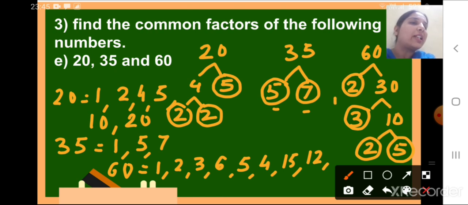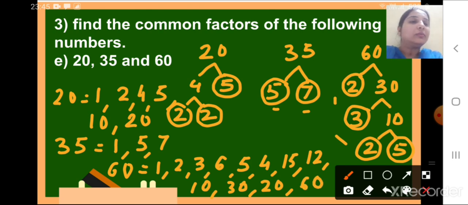You can multiply these factors to get the factors of the given number. Do we have any other number? Yes, we have 10. Then 30 as well, 3 2s are 60, then 20 as well, 2 3s are 60, and then 60 itself. So these are the factors of 20, 35 and 60.